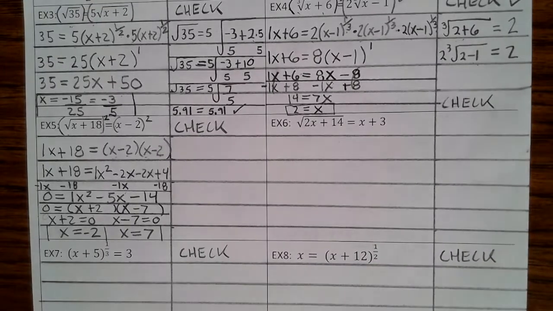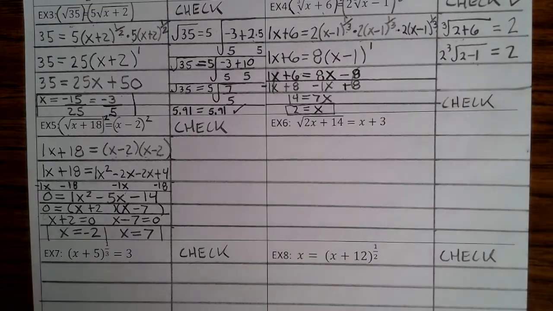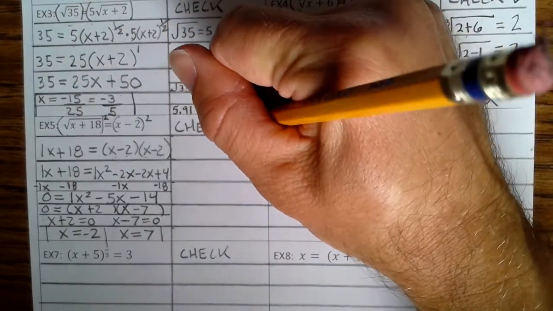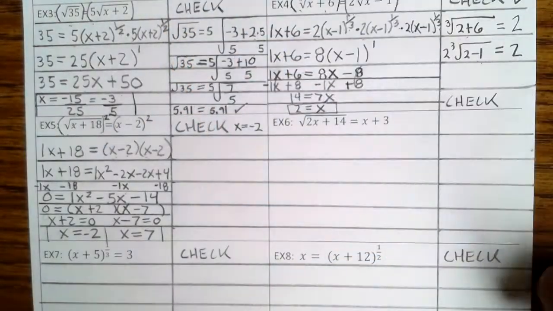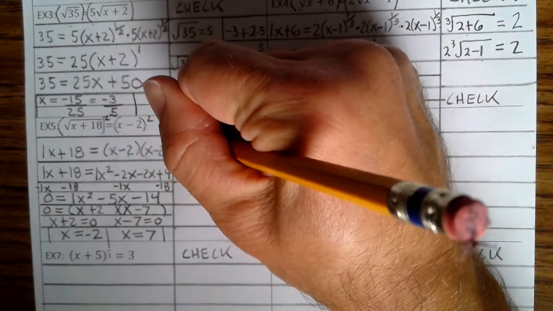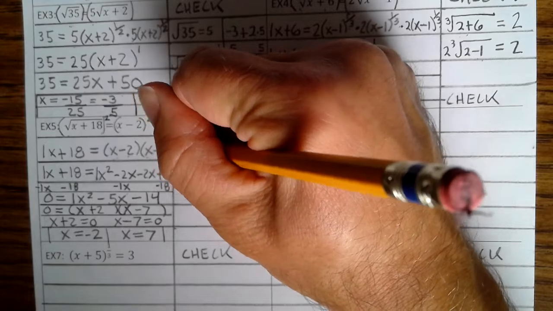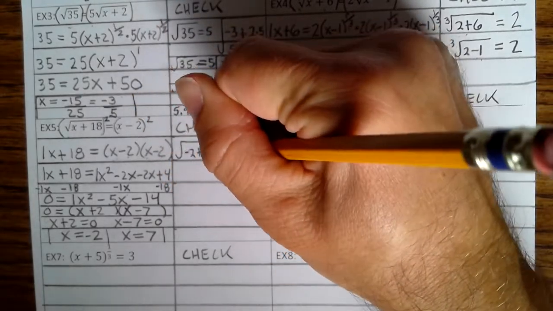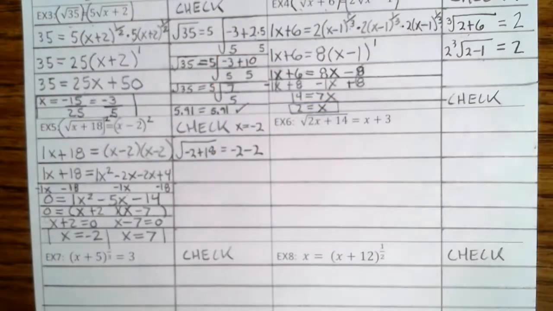Okay. Now we're going to need to check both values. Okay. So let's first check x equals negative 2. So that's the square root of negative 2 plus 18 equals negative 2 minus 2.